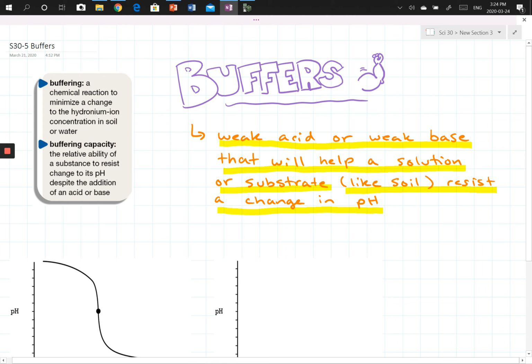So if I were to add a bunch of acid to my soil through acid precipitation, I would want it to withstand that drop in pH, which could cause a whole bunch of problems for my ecosystem.